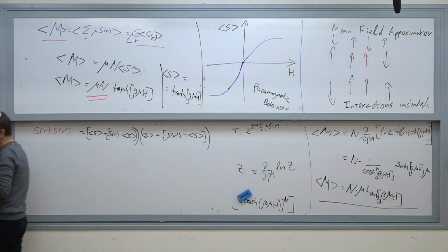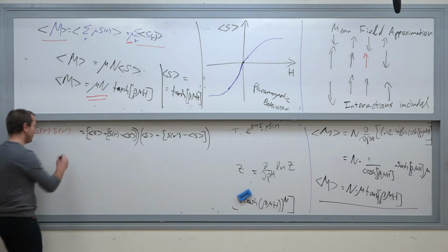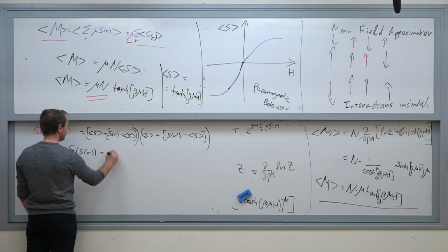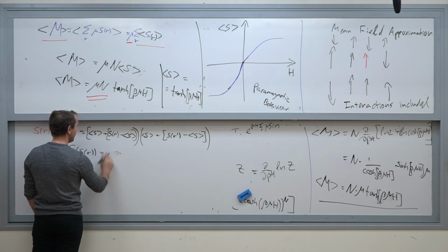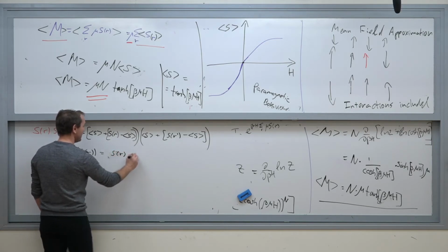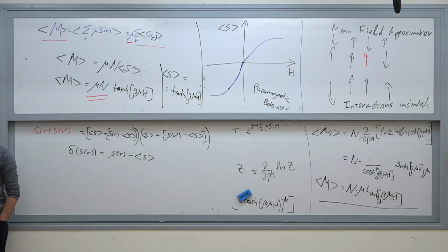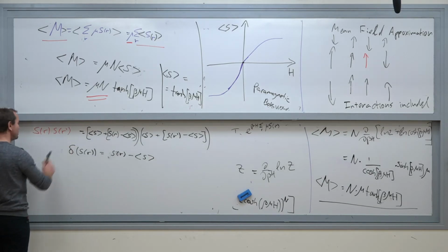Okay, so the next step is to define delta of S of R as the value of S of R minus S average. Okay, now let's open up those parentheses.